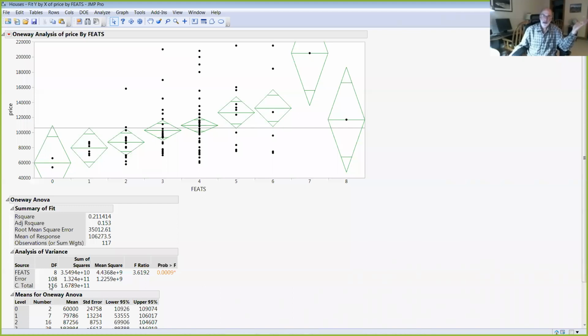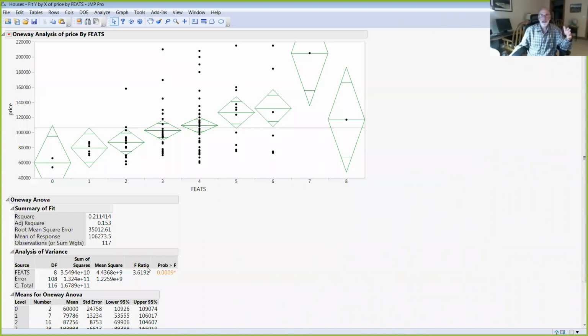And you divide it by the error degrees of freedom, which is the total number of observations minus the degrees of freedom associated with the features minus 1. So this is more akin to the total sample size that we're looking at. The mean square is the sum of squares divided by those degrees of freedom. And then there's finally an F ratio, and the F distribution looks somewhat like a chi-squared distribution.